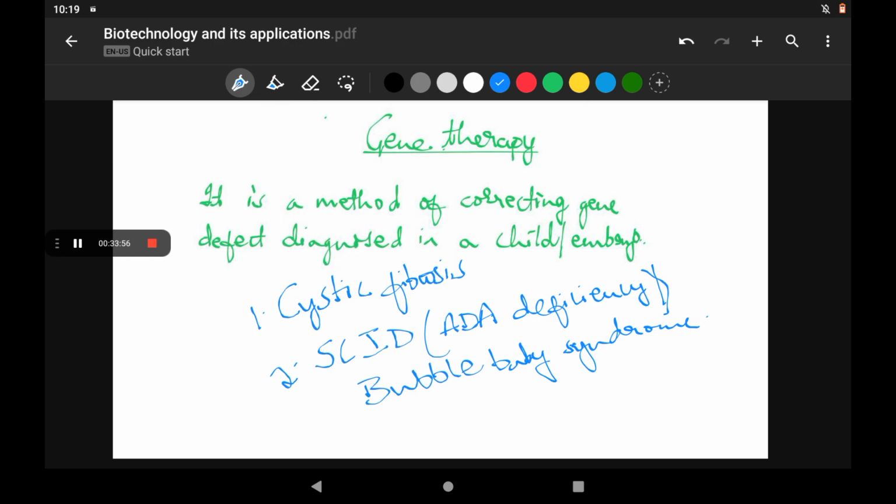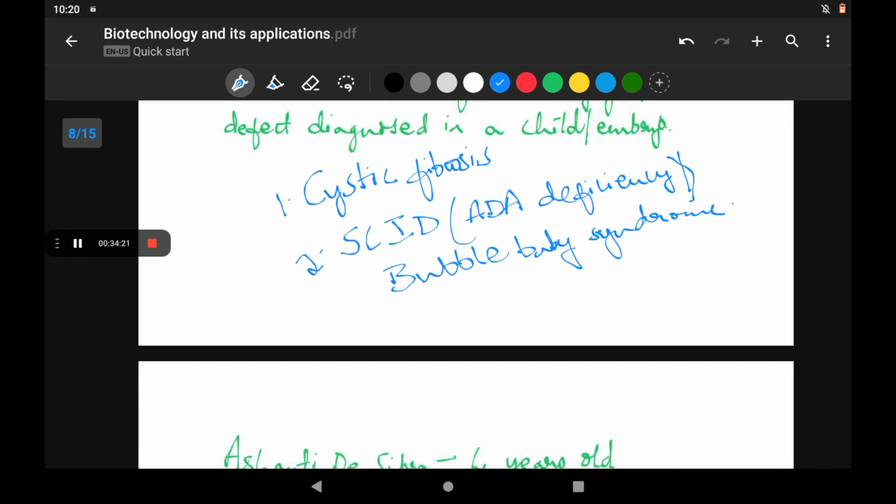They do not have resistance against any pathogen and they are affected by pathogens, because of the deficiency in immunity. Most of these patients who are affected, especially the young infants, are protected within a bubble. That is why we call it bubble baby syndrome.